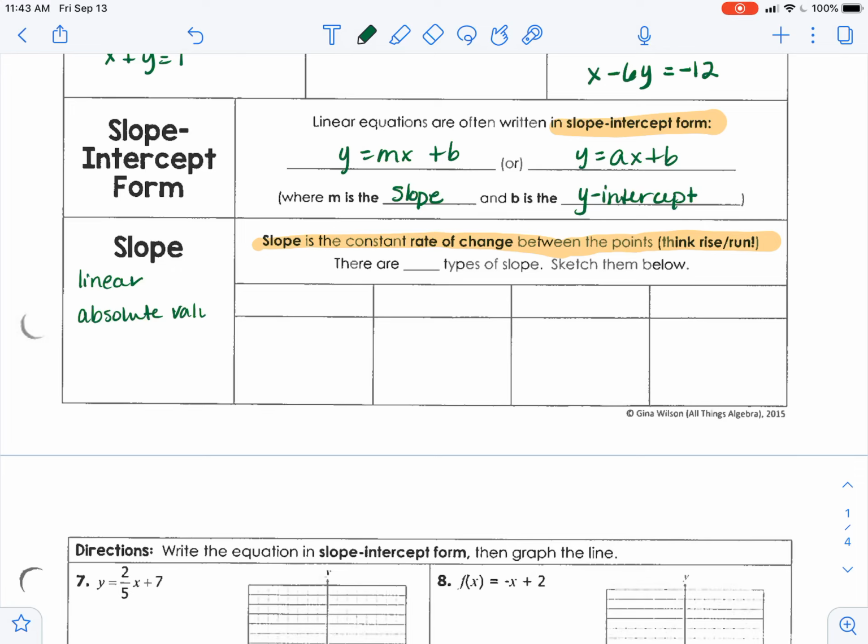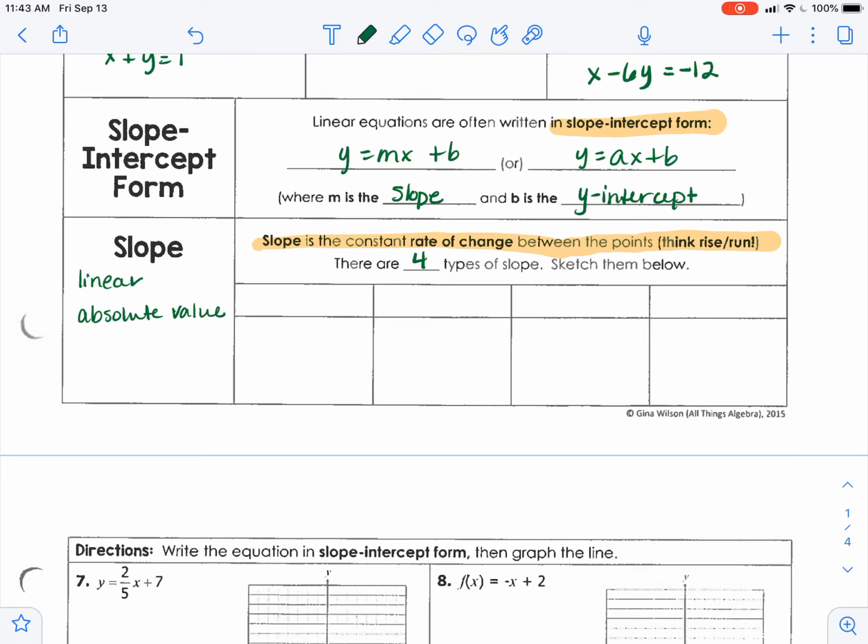Those are the only 2 that have a constant slope, okay? And so when we talk about what kinds of slopes, we have 4 different types of slope that you might see, okay?